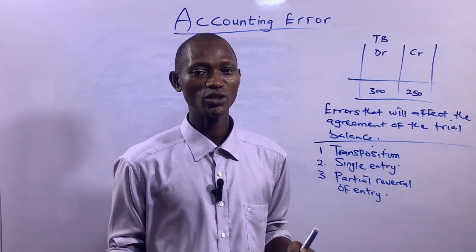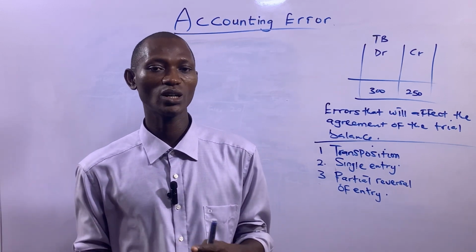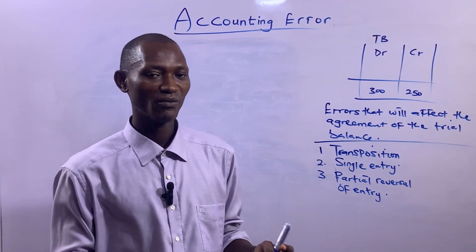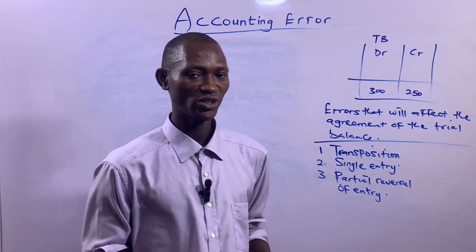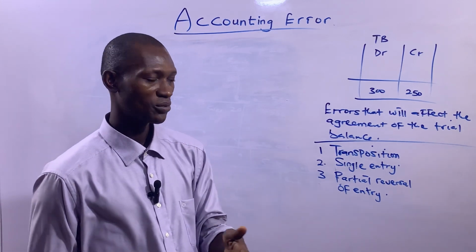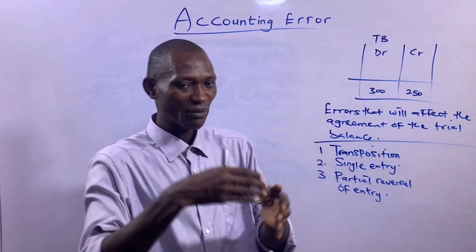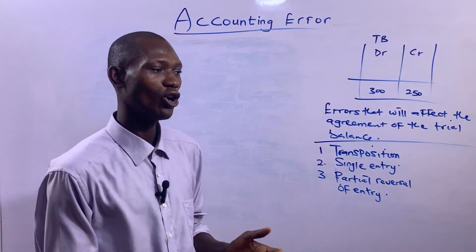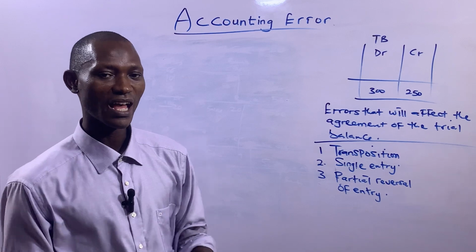And don't forget, your double entry principle states that for every debit entry, there must be a corresponding credit entry. And for every credit entry, there must be a corresponding debit entry. So you have violated the double entry principle by debiting one account and debiting the other account. Or you credit A's account and also credit B's account.